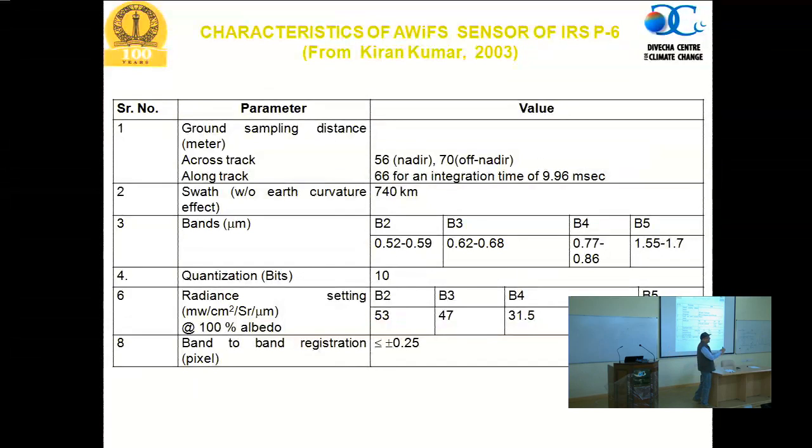So you need to understand that, and this is normally done at 100% albedo in this AWiFS diagram. The 53 over here is band 2 at 47, band 4 is 31.5, and band 5 is 7.5. That is 100% reflected. That means it is equivalent to the incoming solar radiation.